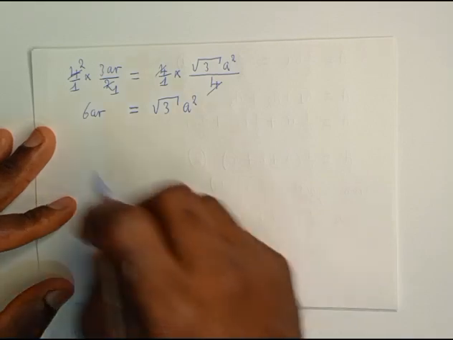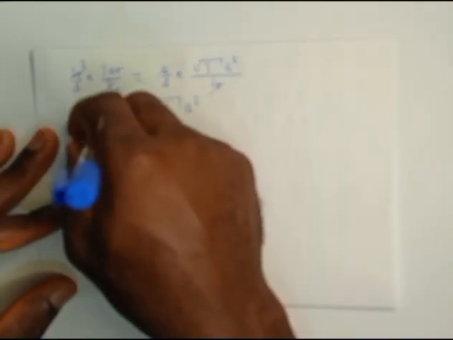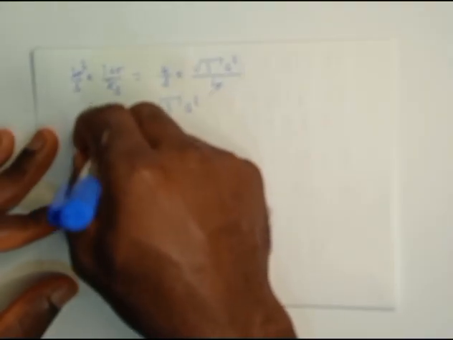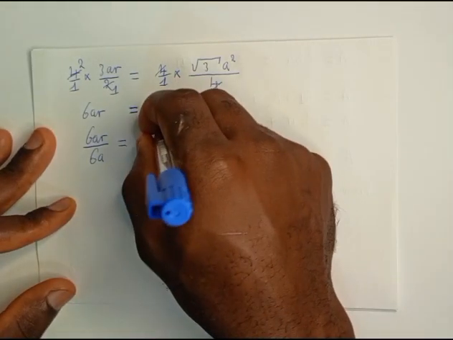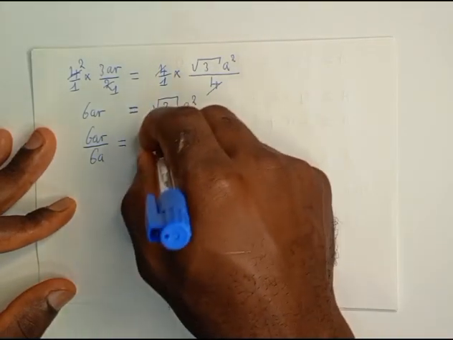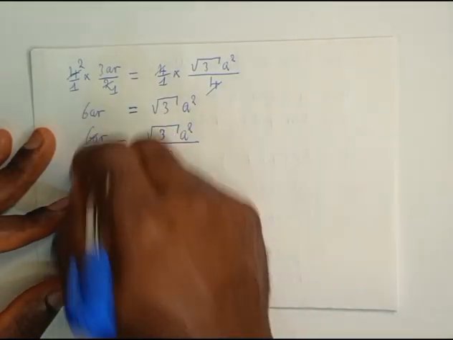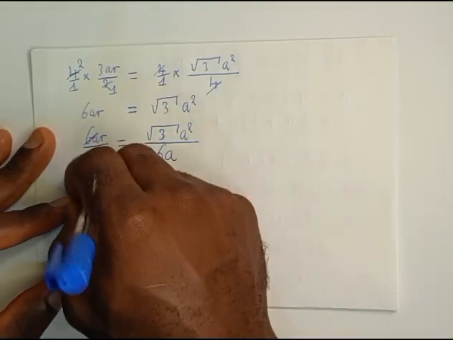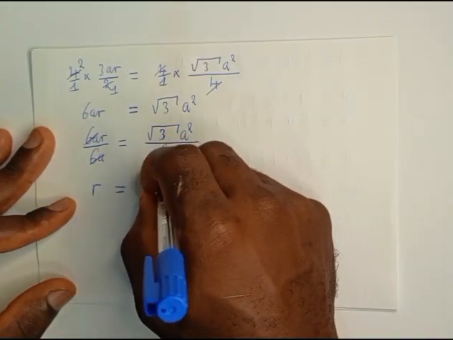We are to make R the subject of formula. That means we are going to divide all through by 6A. 6A R divided by 6A is equal to root 3 A squared divided by 6A. 6A will strike out 6A at the left hand side. This will give us R to be equal to root 3.